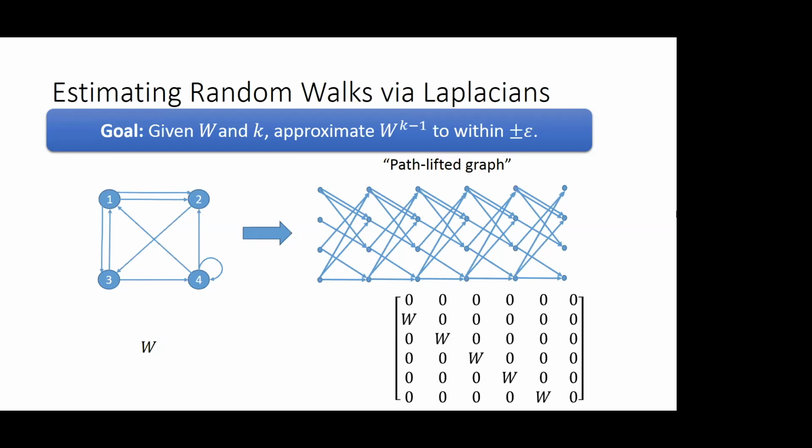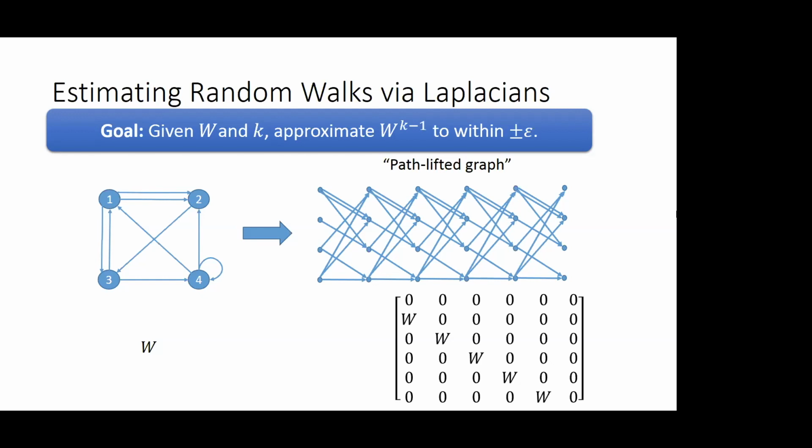And so if we write down the walk matrix, or equivalently adjacency matrix, of this path lifted graph, then it's just obtained by taking the walk matrix of the original graph and sticking it under the diagonal like we've written here.